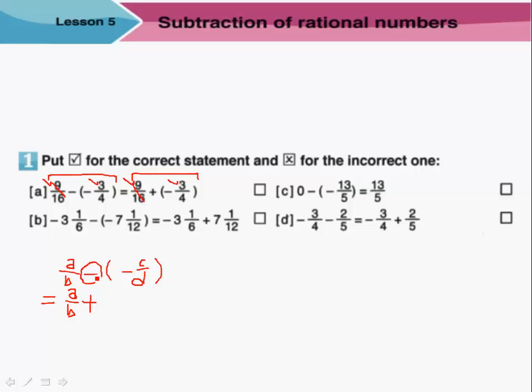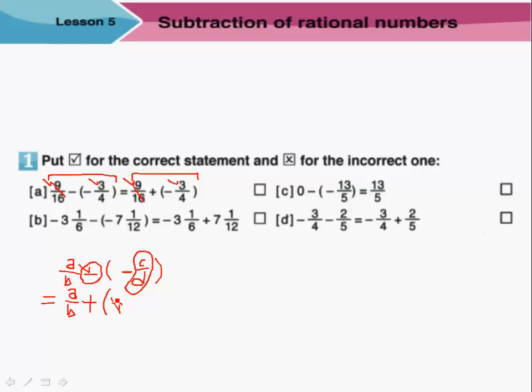So before you change this sign, you must change the sign of the second rational number. What is the sign of the second rational number? Minus. So it must be changed to plus.